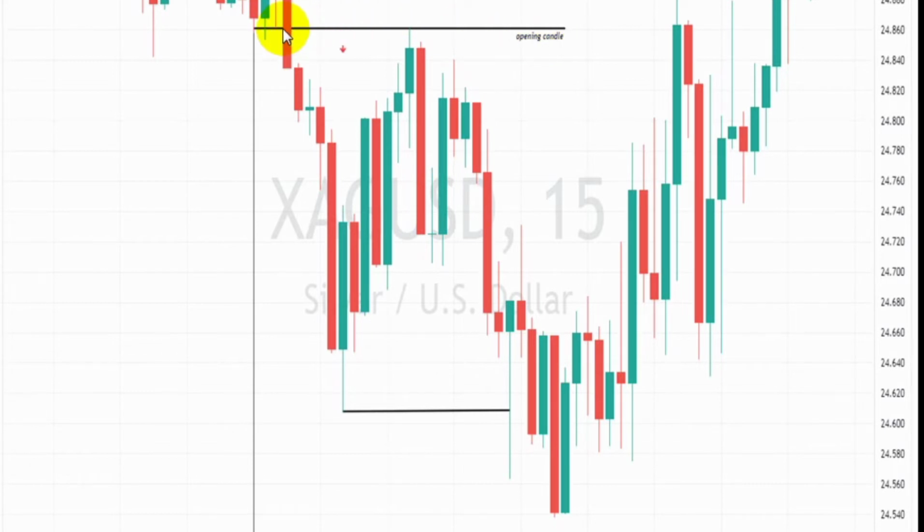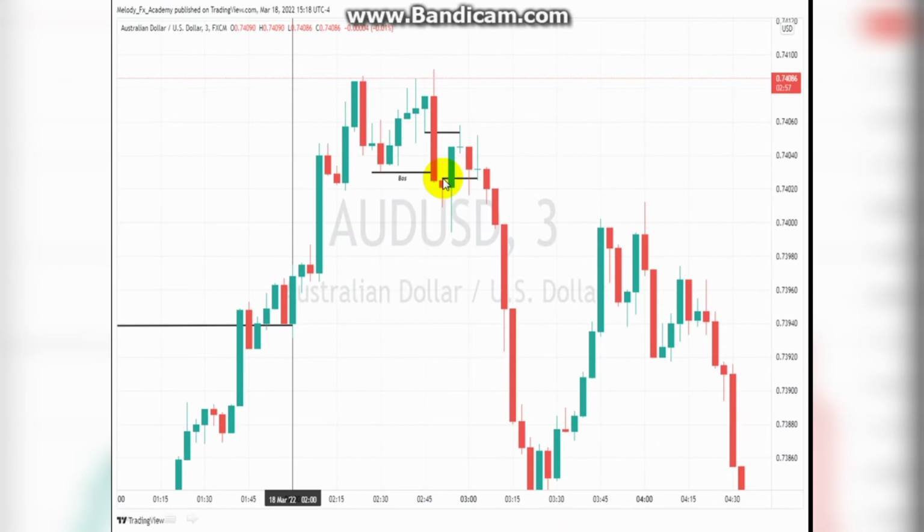Now remember, if we are expecting higher prices, we should anticipate some level of retracement. So I got my entry right here, right there. My stop loss was here.